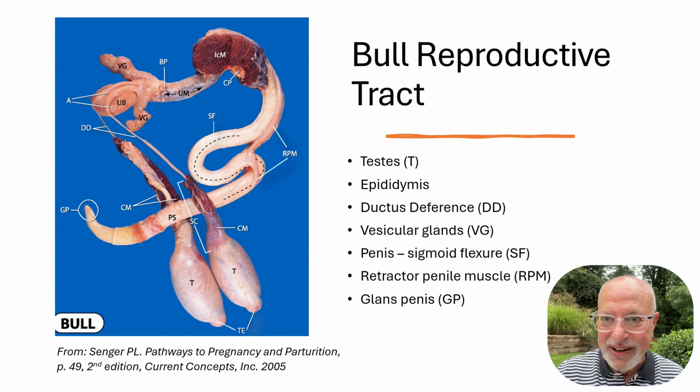the male starts ejaculating. Sperm are then transported from the tail of the epididymis through the vas deferens, or ductus deferens, as you can see in this picture, and then they come up close to the accessory sex glands.